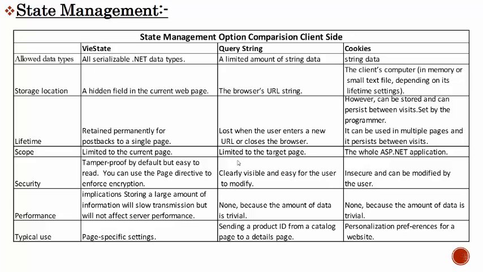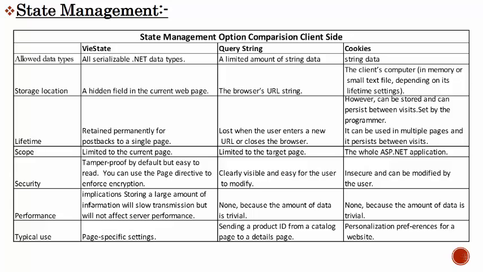Now next one is the performance. The implication of storing a large amount of information is that it will slow transmission but will not affect server performance. Which means if you store a large amount of data inside the view state, it will slow your transmission, the loading of the page will become slow, but it will not affect the server performance.